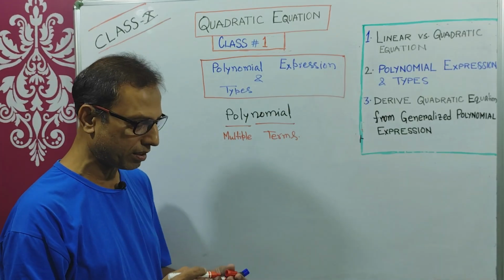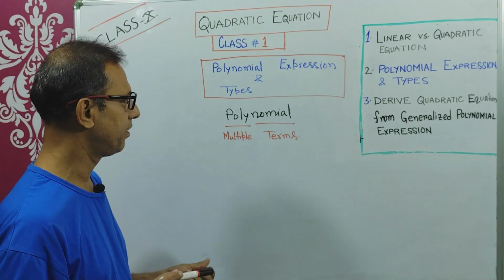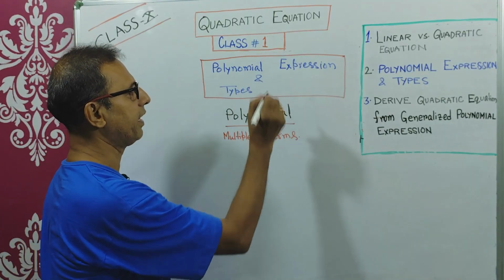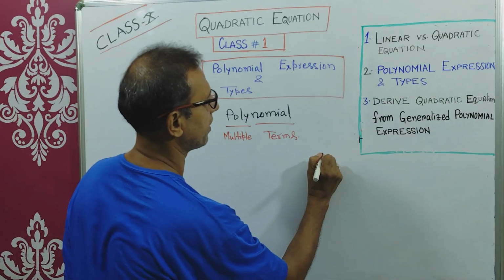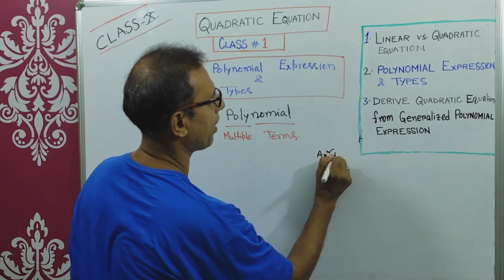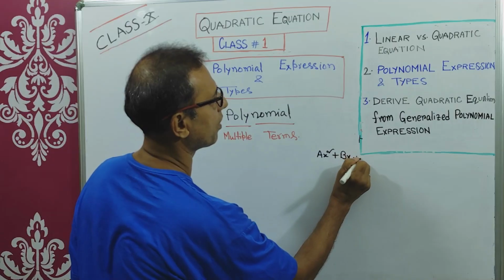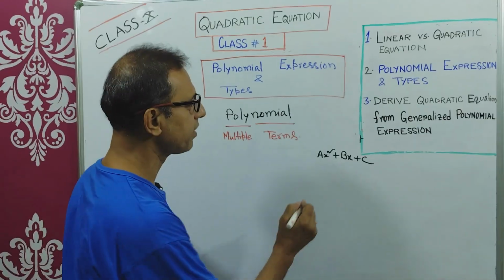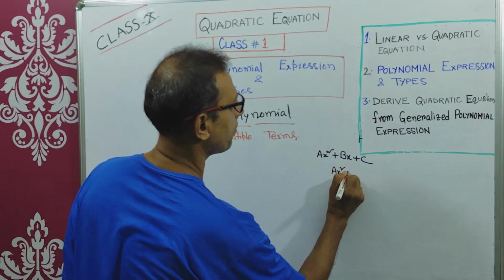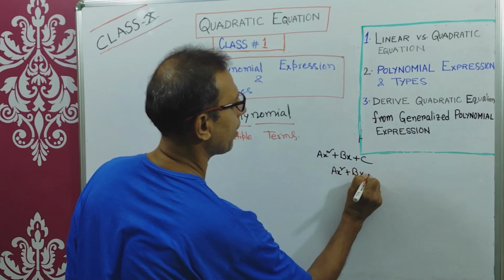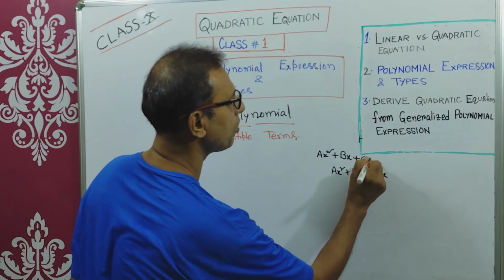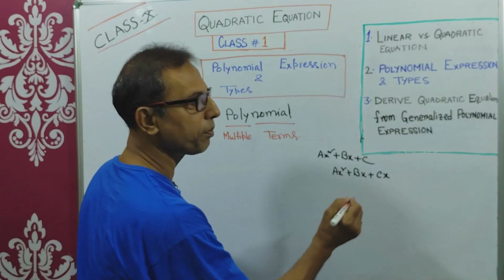Now let me give you an example, you will understand more clearly. Let's say ax square plus bx plus c. It is a quadratic equation form, already I said. So you can write ax square plus bx plus c x to the power 0, because c into 1, anything to the power 0 means 1.